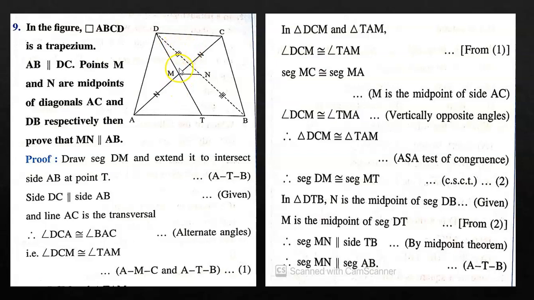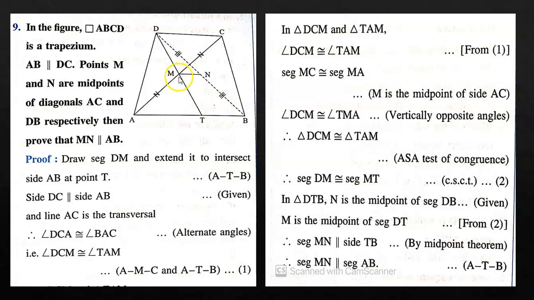So triangle DCM is congruent to triangle TAM by ASA test of congruency. And once the triangles are congruent, I can say that segment DM is congruent to segment MT, corresponding sides of congruent triangles. This I am going to name as statement number 2.